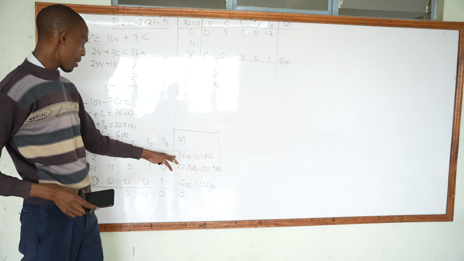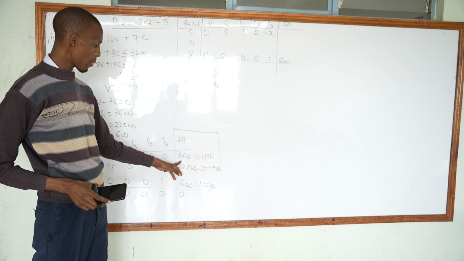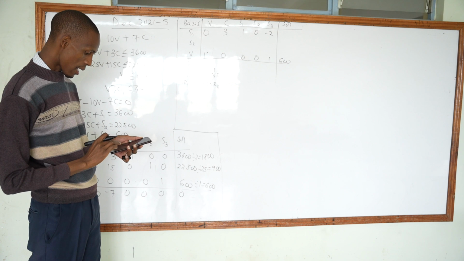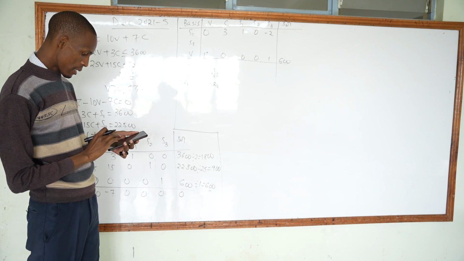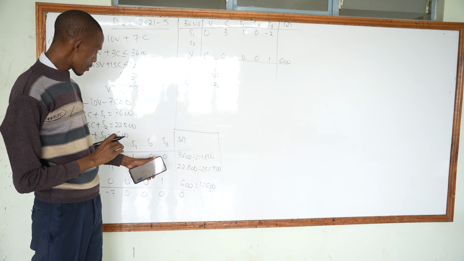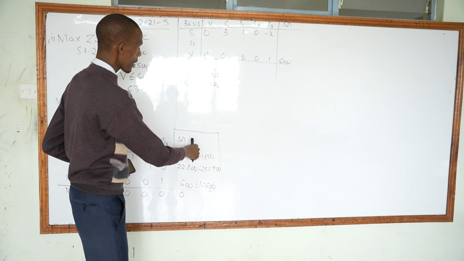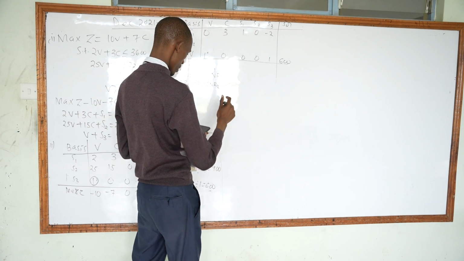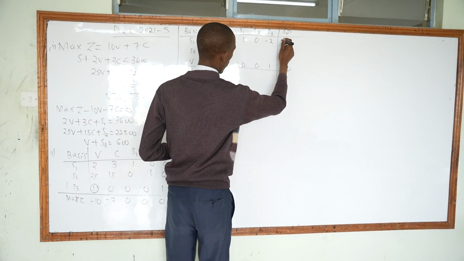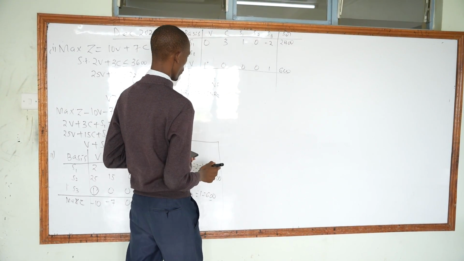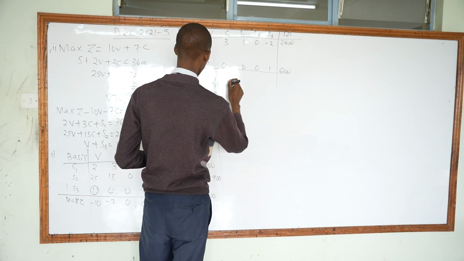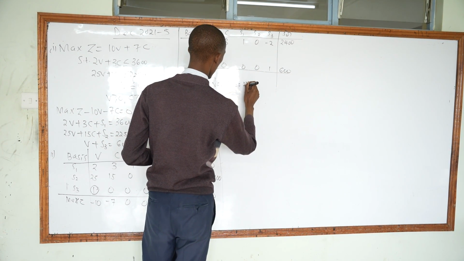Then last, we used that 600 in the old one, that 600 minus 2 in bracket 600. So we are saying, how do we get there? That is 600 minus 1200, you get 2400.